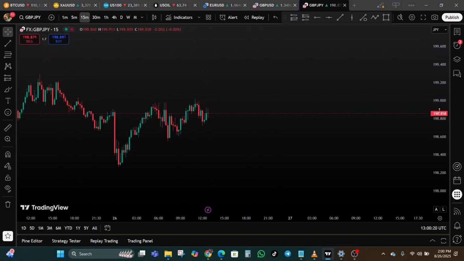So the price that you see here means one of the base currency is equal to this amount of the quote currency, or in other words, you need this amount of the quote currency to purchase 1 unit of the base currency.